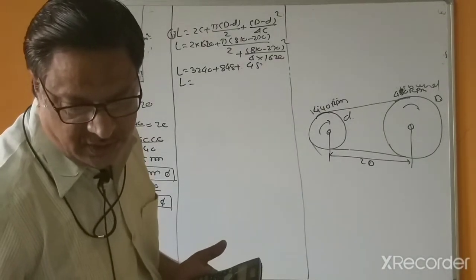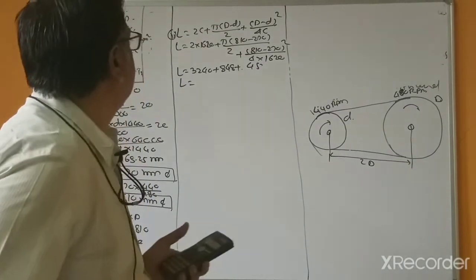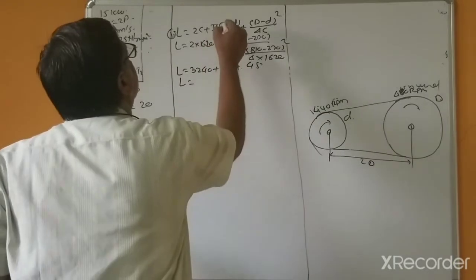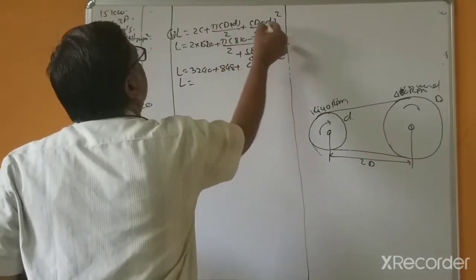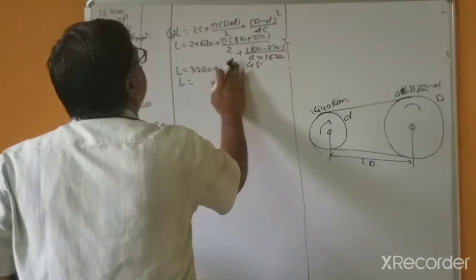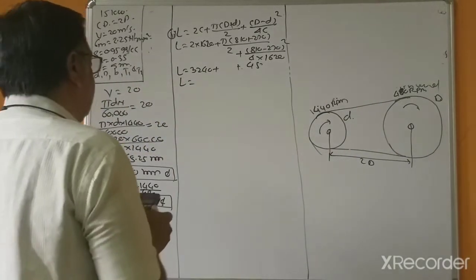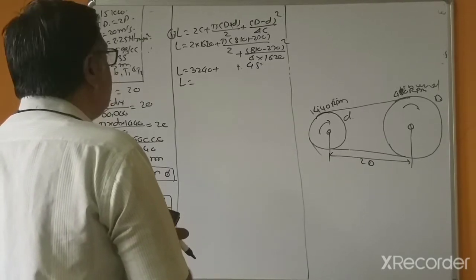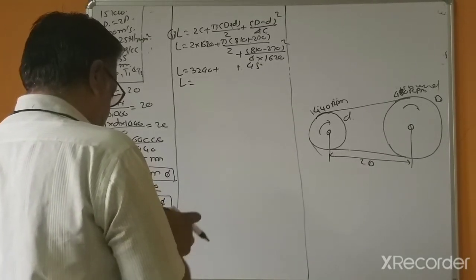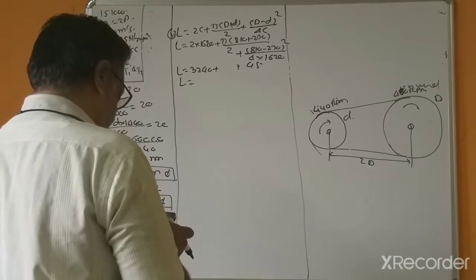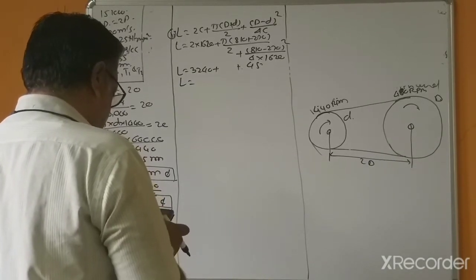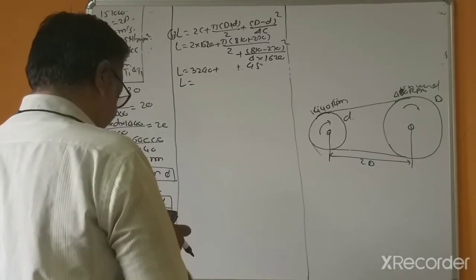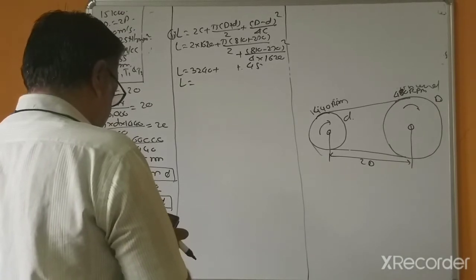Because my answers are coming out different, that's why I am checking this. This is plus, here only minus. So this formula is 810 plus 270 multiplied by pi divided by 2, 16 plus 3240.